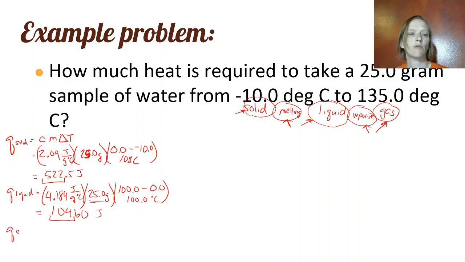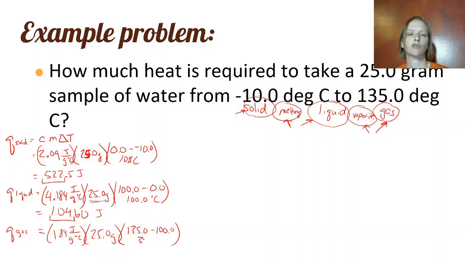Lastly, the Q value for the gas portion of the problem. I have a specific heat capacity of 1.84 joules per gram per degree Celsius. I still have 25.0 grams. This time my temperature change goes from 100, ends at 135 degrees, but starts at the 100 degrees.